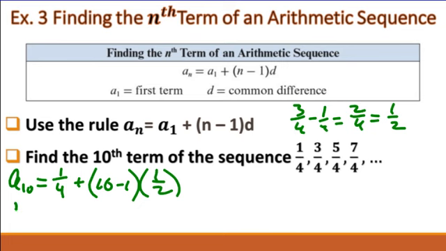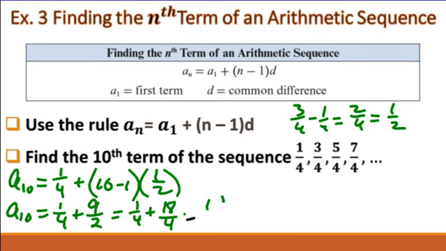So now I have a subscript 10 equals 1/4 plus 9 times half, which is 9/2. Need common denominators to add, so this would be 1/4 plus 18/4, which would give us an answer of 19/4. So our 10th term would be 19/4.